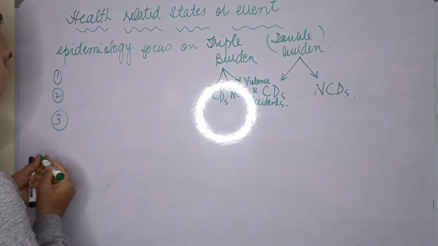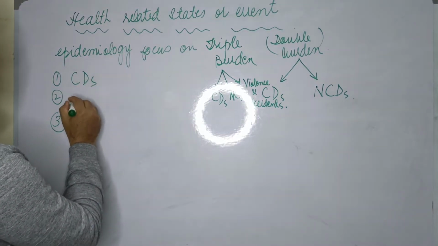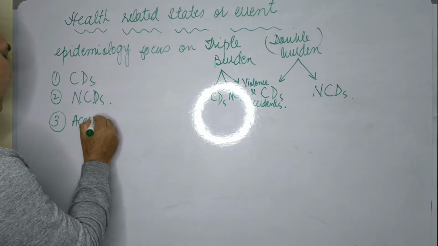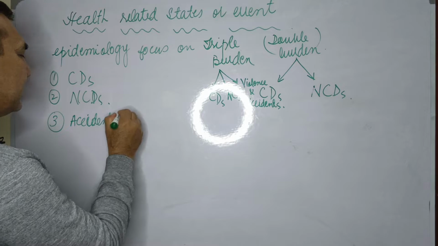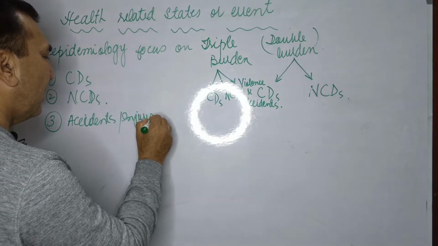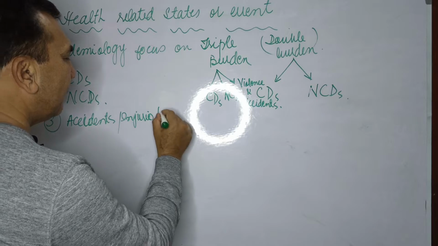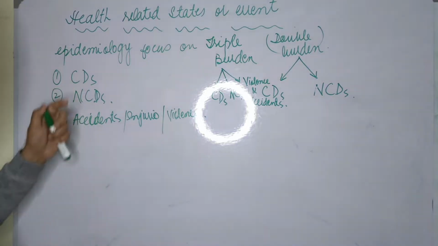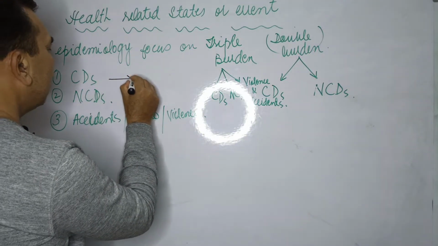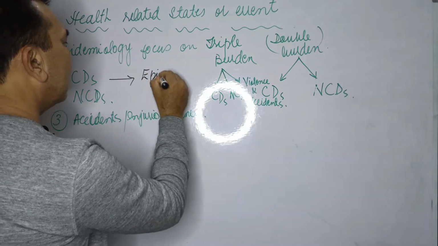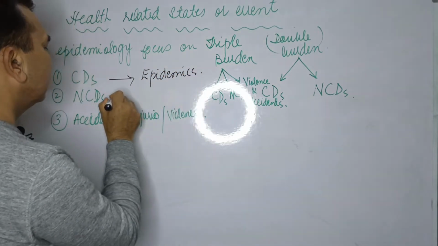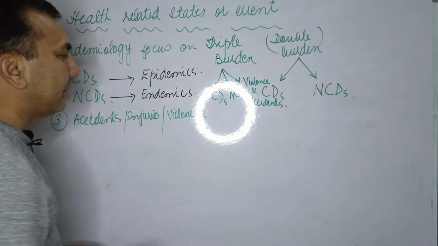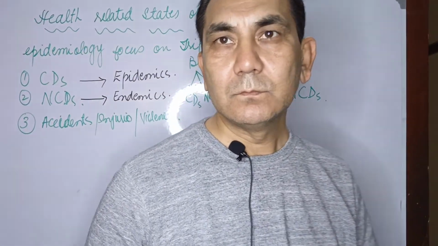As we know, communicable diseases mostly become epidemic, and non-communicable diseases mostly remain endemic.